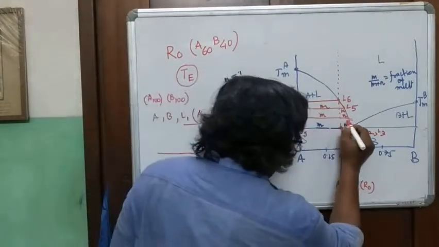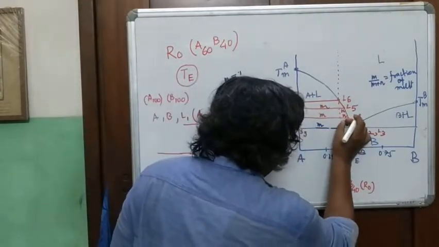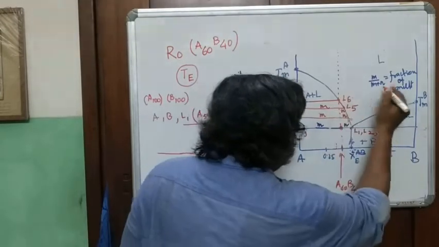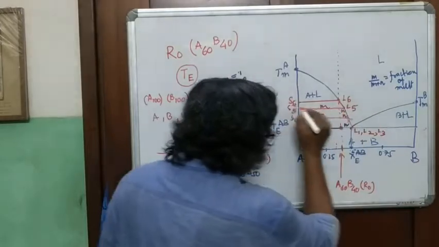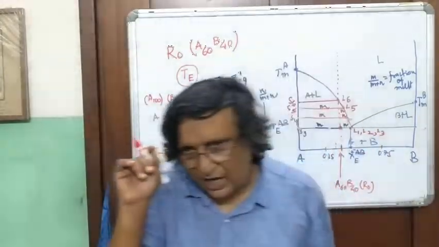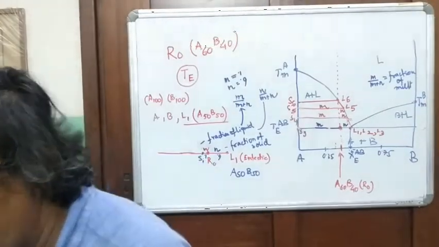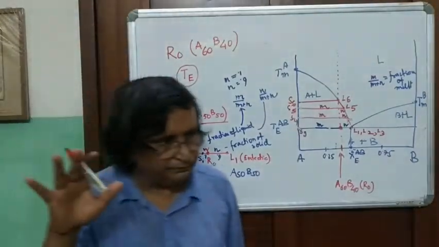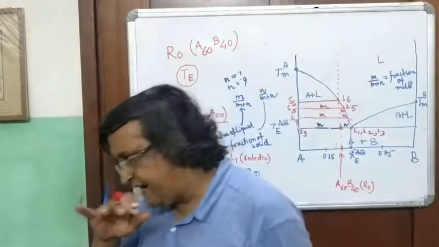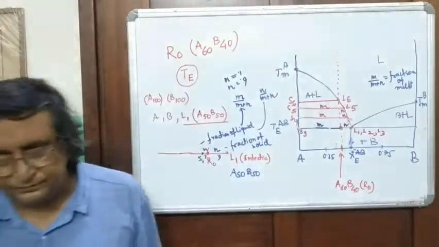And you can see N becomes thinner and thinner till it becomes zero. When it becomes zero at X6, the last crystal of A has been exhausted out of the system.